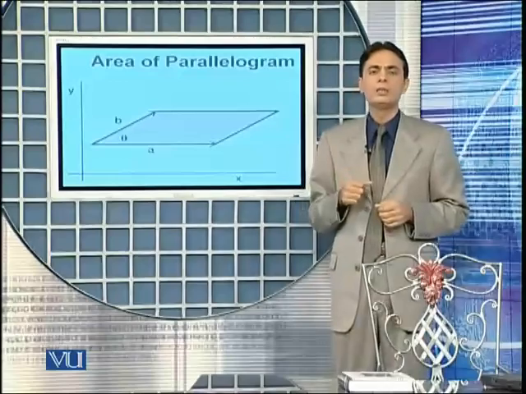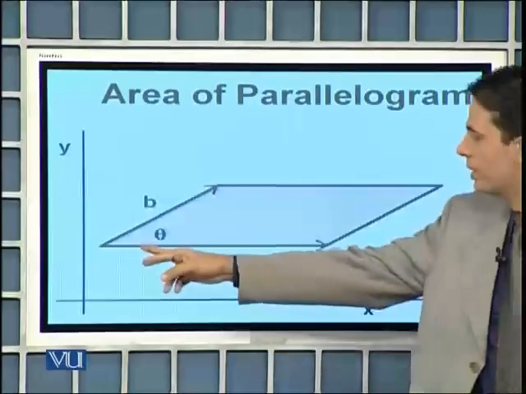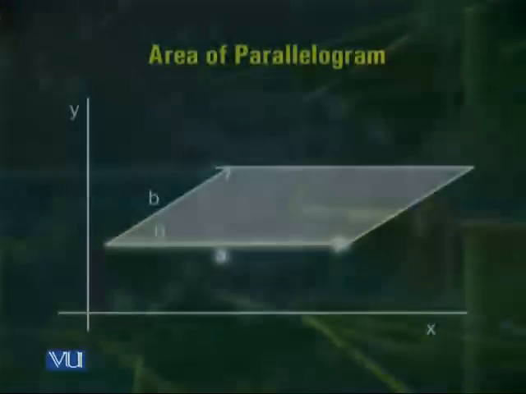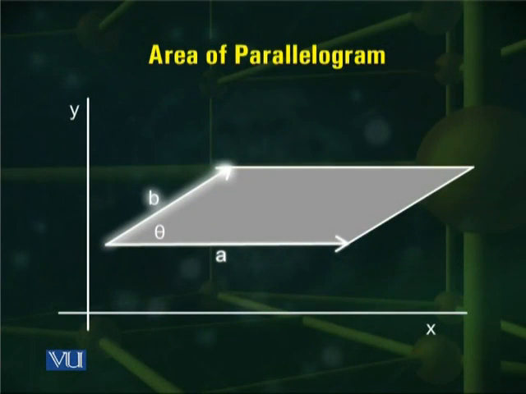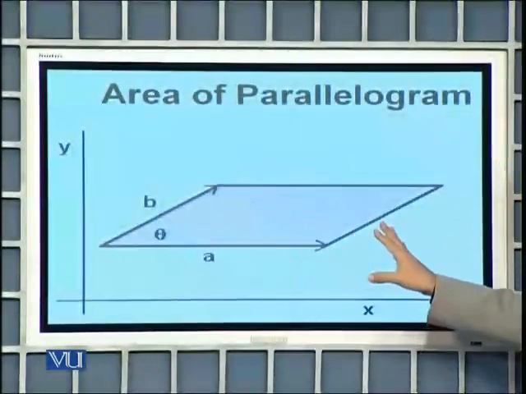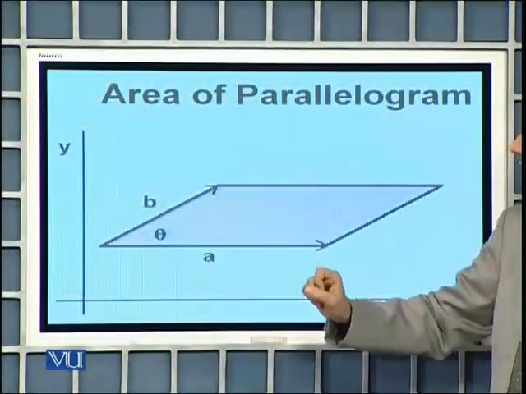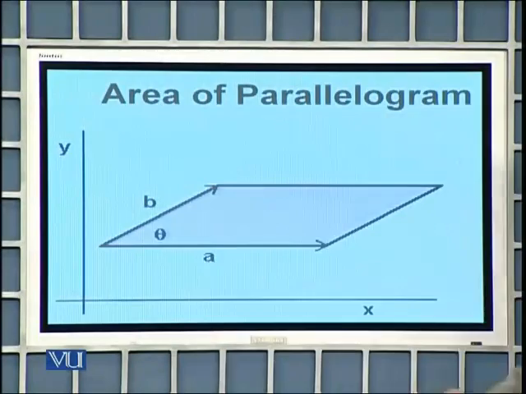On your screen you can see such a simple parallelogram where this vector along the x-axis is A and this vector is B, and the angle between the two vectors is theta. Then area of this parallelogram is length of A multiplied by length of B multiplied by sine of this angle theta.